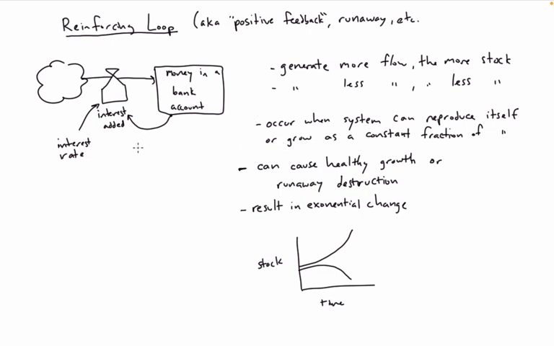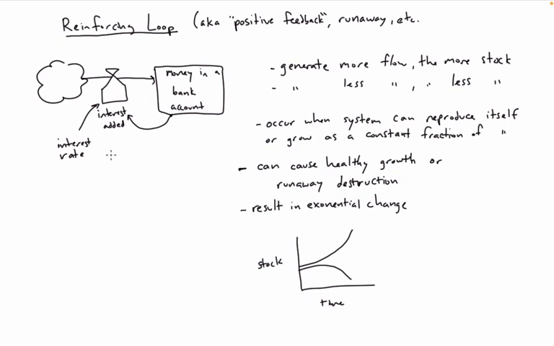Right. So reinforcing loop. Another example would be the capitalist system. The more money, the more power that a company or a person has, the more they can obtain, and the more they obtain, the more influence they have, and so on and so forth.